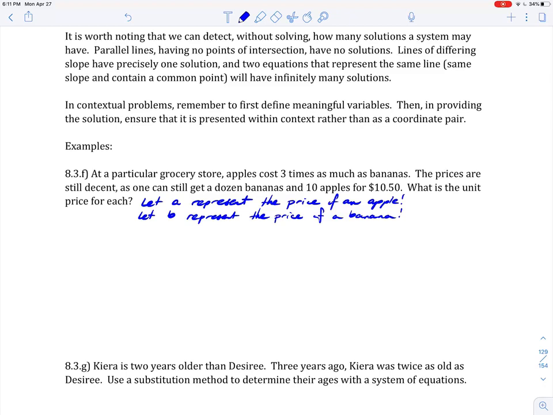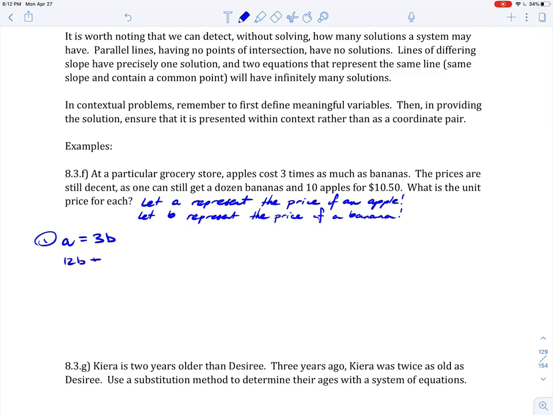Alright. Apples cost 3 times as much as bananas. So the cost of an apple, A, is 3 times the cost of a banana. That's my equation 1.